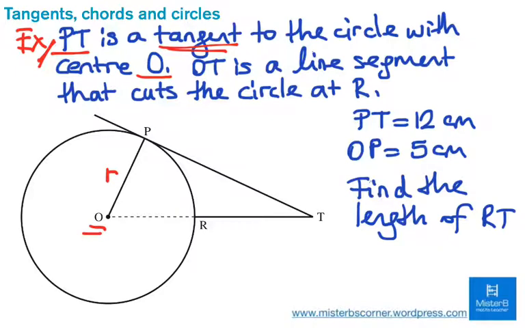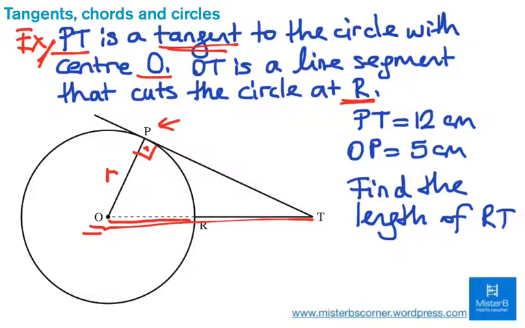This means we have this radius and tangent meeting at the same point P, which makes this angle a 90-degree angle. So we have a right triangle here if you consider this completed as a line here. OT is a line segment, so we're talking about this line now. OT is a line segment that cuts the circle at R.